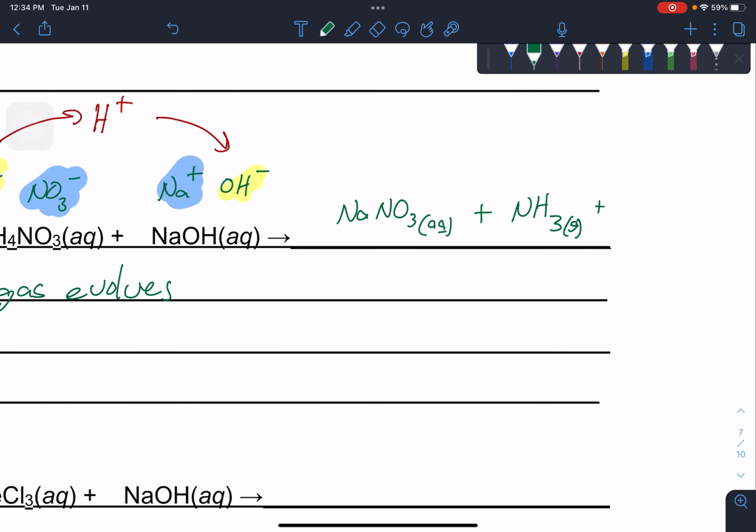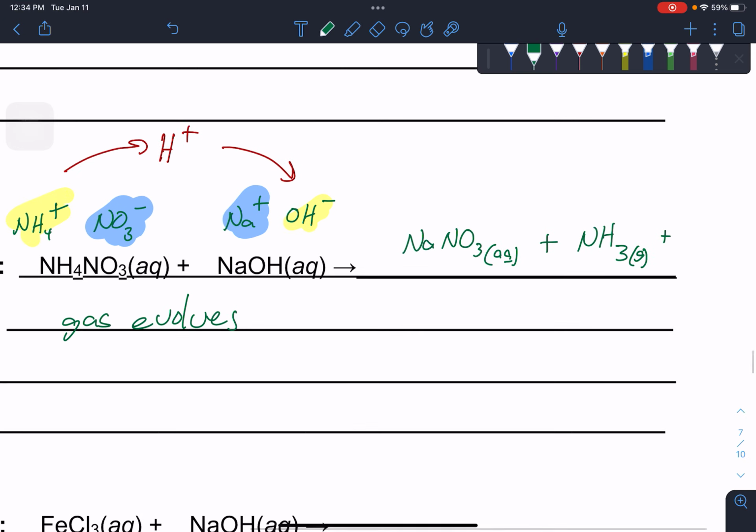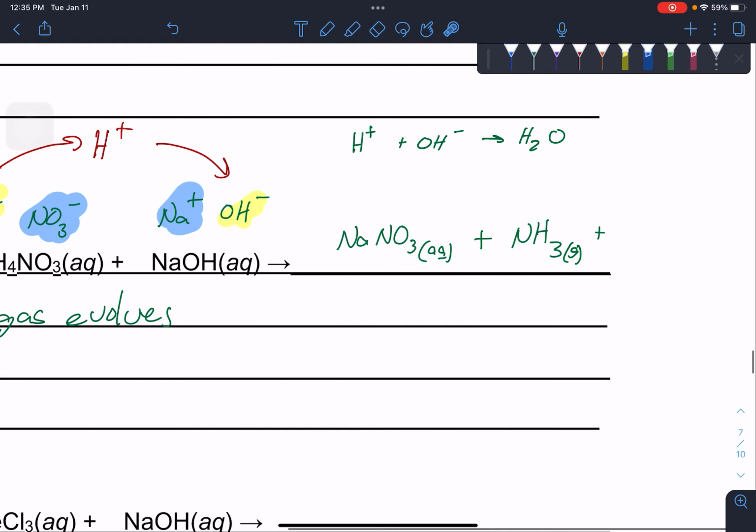And then the other side, if you have an H plus and an OH minus, the negative and positive cancel each other out, so overall charge is 0. And 2 hydrogens, 1 oxygen, it's water. And so that's our other product here.